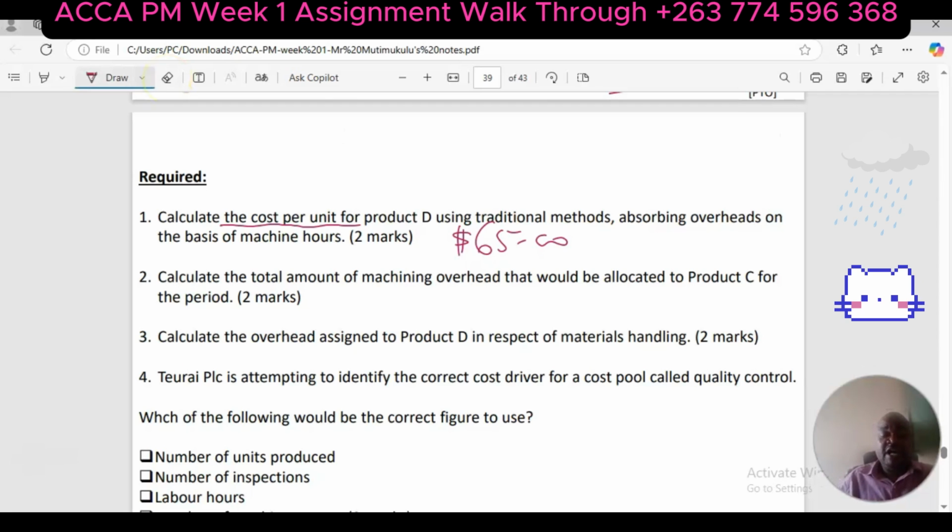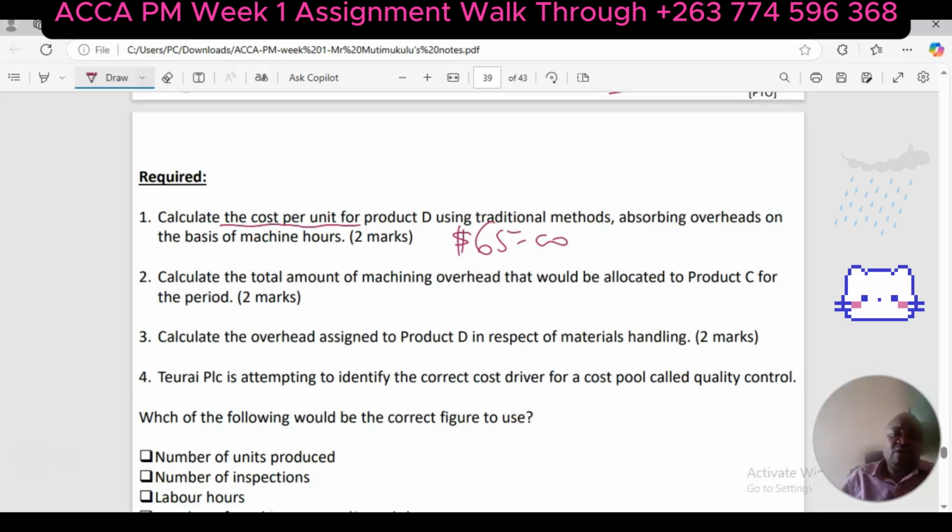For requirement number 2, we need to be very alert, because the computations required there are testing our arithmetic rigor in terms of ABC computations.